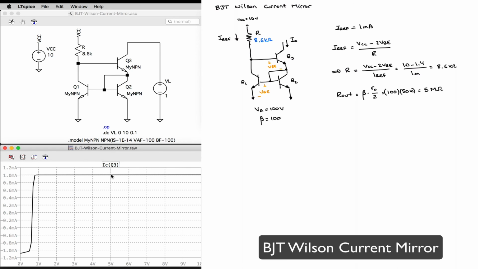My cursor one, I'm going to put in, I think, 1 volt. It is sitting there at 1 milliamp, so I'm going to put it at 1 volt. Let's get off the first cursor.